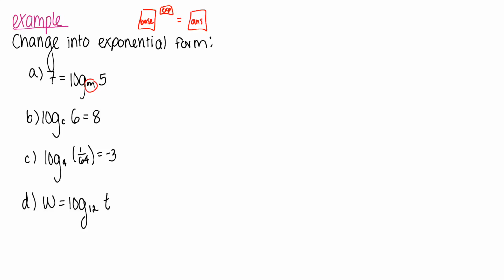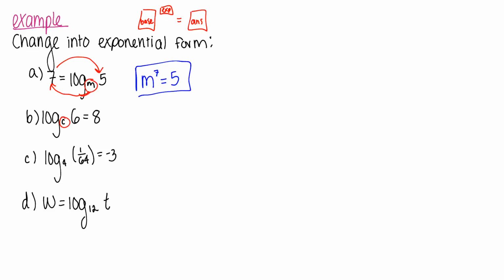So here we're starting with the m, which means this should be m, and then the next thing we're going to write is the exponent. So m across the equals, 7. So that's the exponent. And then back again. So you put an equals, and now we're doing the answer part. Back again for the 5. So m to the 7 equals 5 is the same statement, but in exponential form.